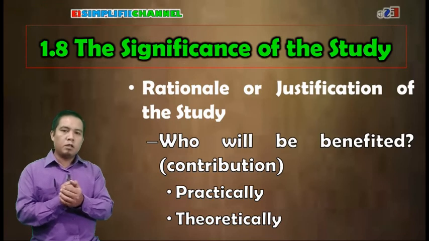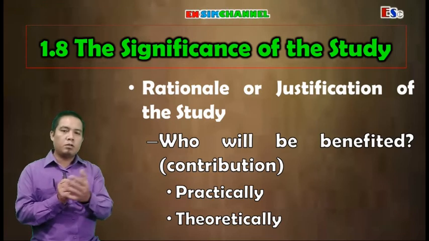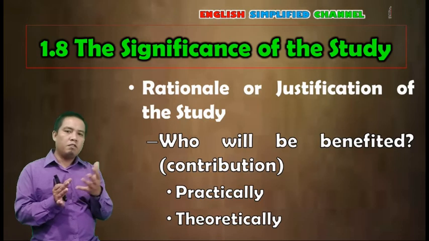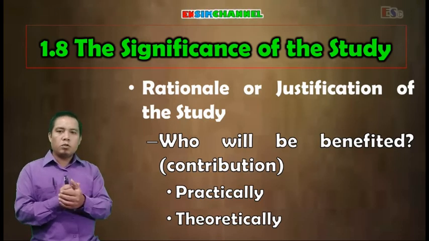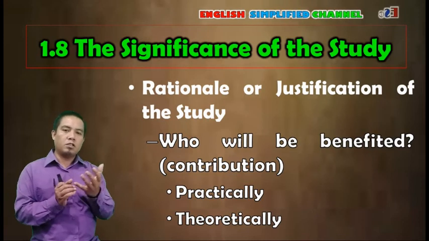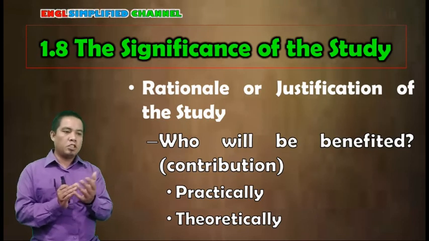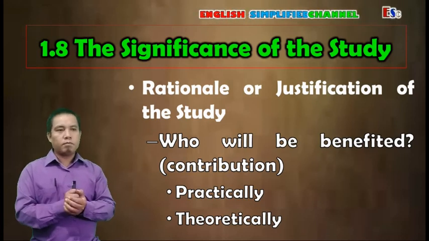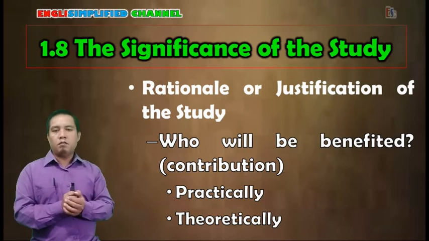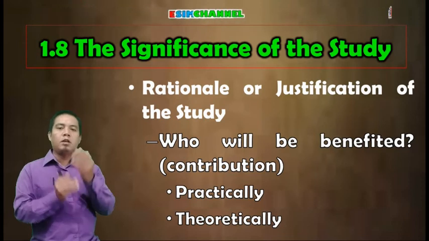For example, you research in the field of education. So let's say that you give contribution to the teachers, the students, practically, and theoretically for other researchers. So that is the significance of this study.